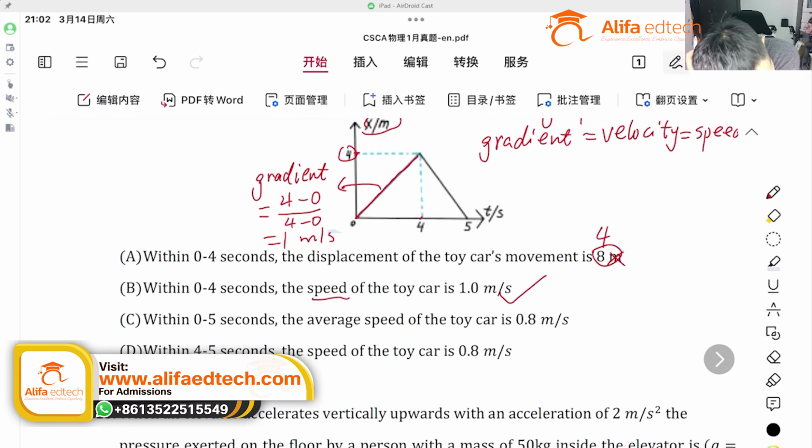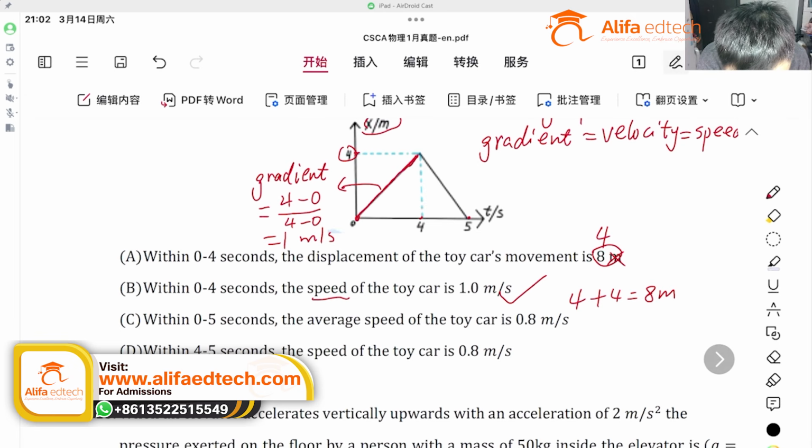C. Within 0 to 5 seconds, the average speed of the toy car is 0.8. Within 5 seconds, the displacement is 0, and the distance is 4 plus 4 is 8 meters.